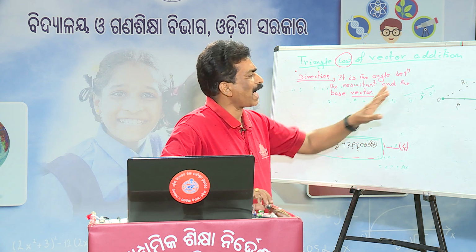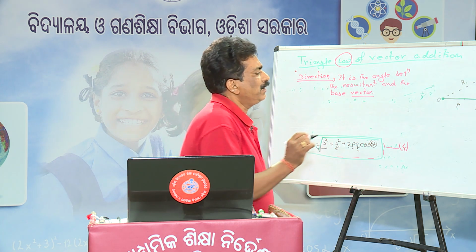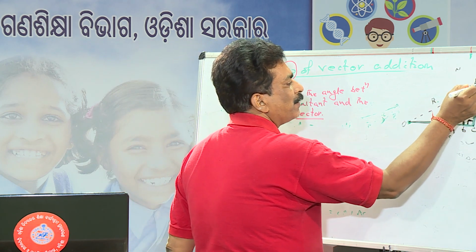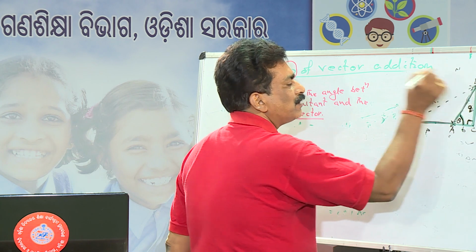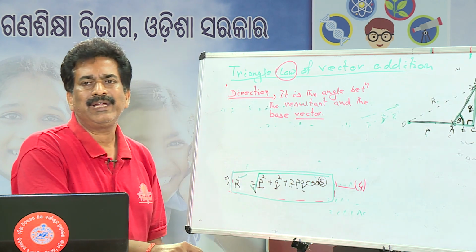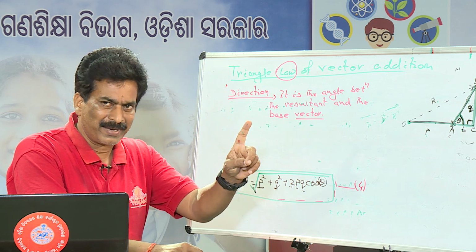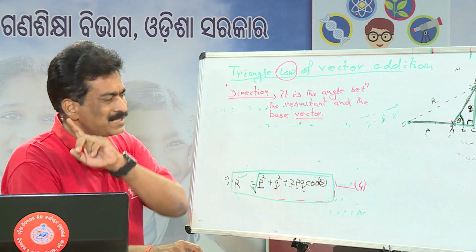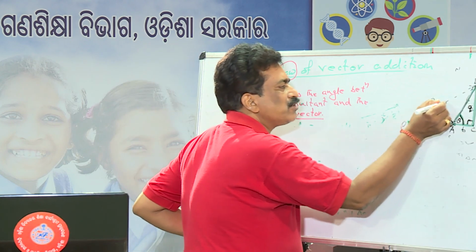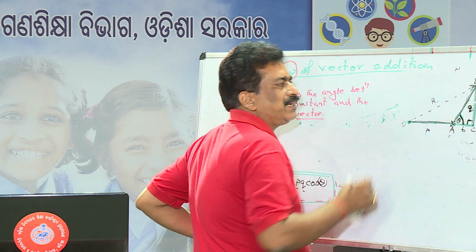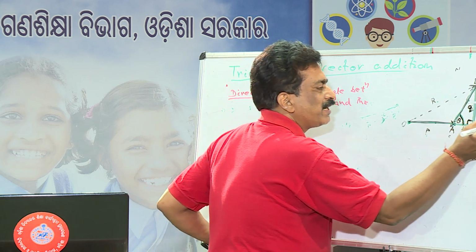So what is the angle according to our figure? You see, this is our first vector, this is our second vector, this is our resultant. Then what will be the angle? It is the angle between the resultant vector and the base vector. You see, this is the resultant, because the direction is in this way, this is the resultant direction, this is the base vector direction.